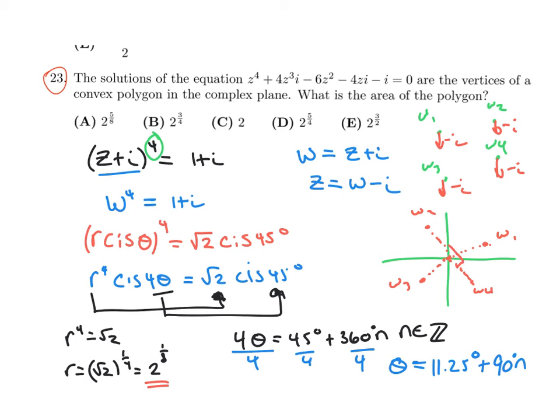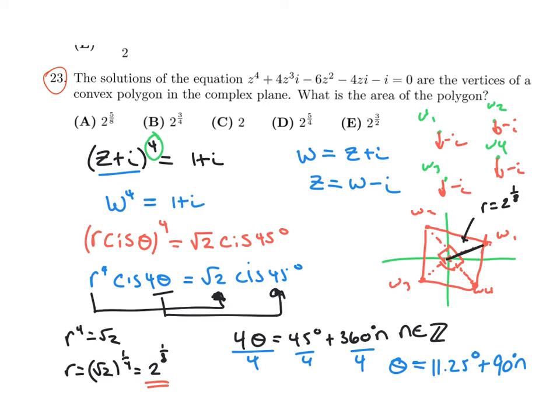Okay, those are all right angles. Since the r value is the same, we have a square here. Now this is a pretty sloppy square, but there's my square, and this is my r value, which I've learned is 2 to the 1/8.